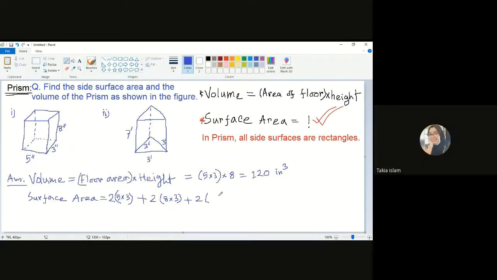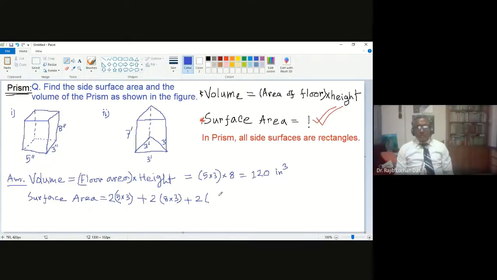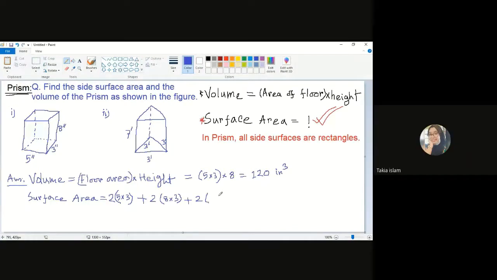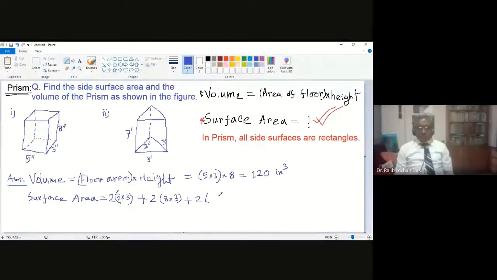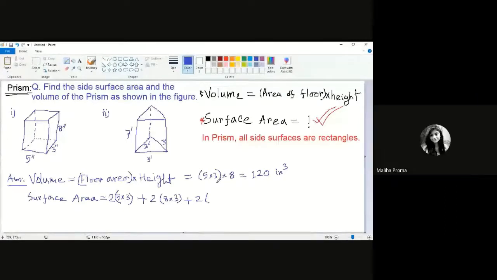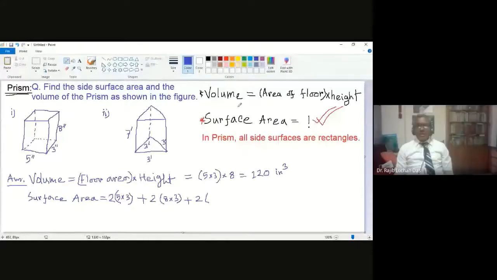Same as the floor, sir. Who can say what is the front side? Same as the floor? No, wrong. 5 into 8, correct. Front side is this.